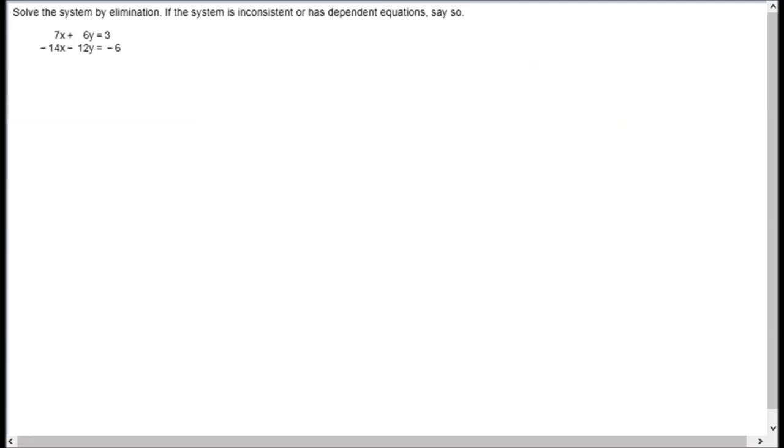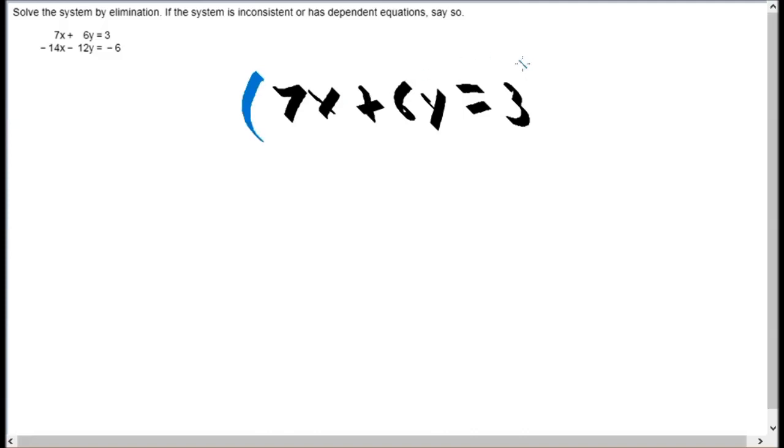Alright, let's take a look at one more elimination process here. I think I'm going to start with the top one, 7x plus 6y is equal to 3. And we're going to multiply both sides of that equation by a particular number that's going to get me to minus 14. I'm kind of thinking 2. It's actually got to be positive 14. Let me explain why.